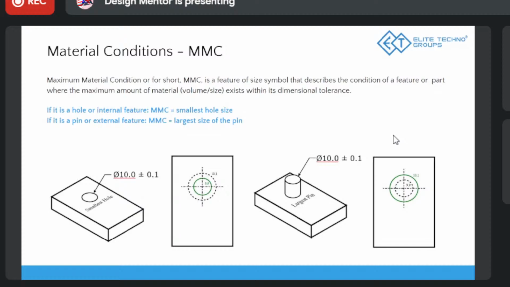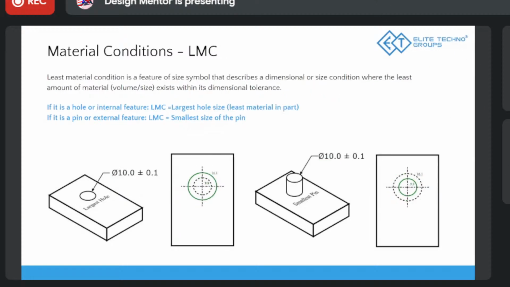While manufacturing, the designer always gives these material conditions, and I'll talk about how to use them as well. But for now, just understand: maximum material, if it is for the external feature, is the largest size, and if it is for the internal feature, it is the smallest size. If you read these two lines, it makes it very simple, and you can remember it.